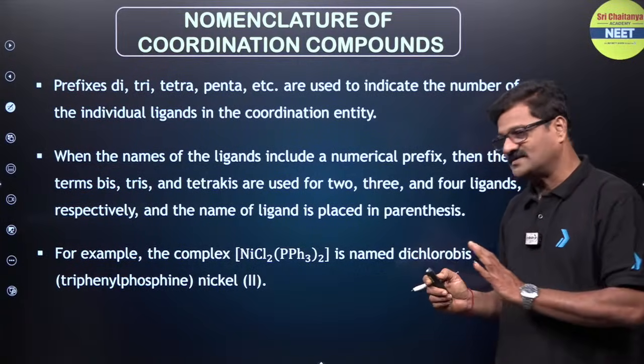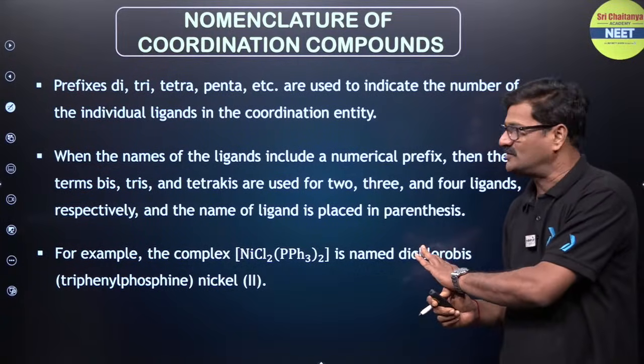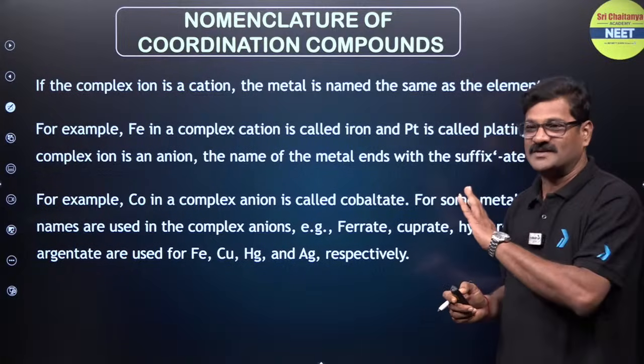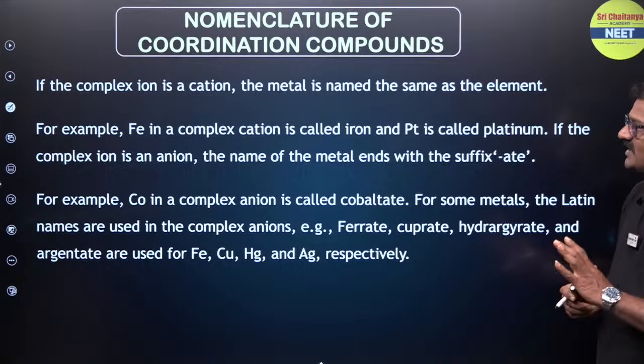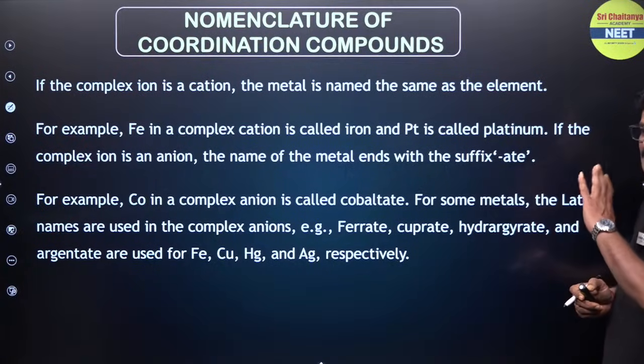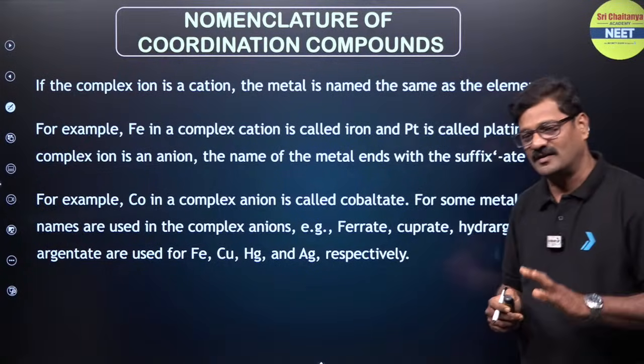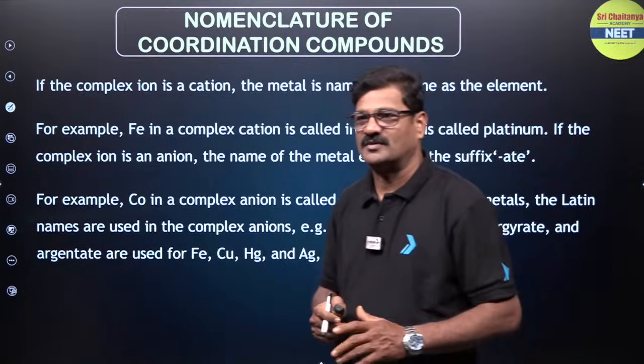I'll come with an example here, just hold on. We don't have to make it complex from the beginning. If the complex ion is a cation, the metal name is the same as the element: iron becomes iron, copper becomes copper.